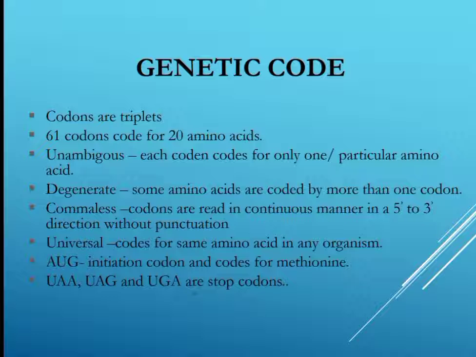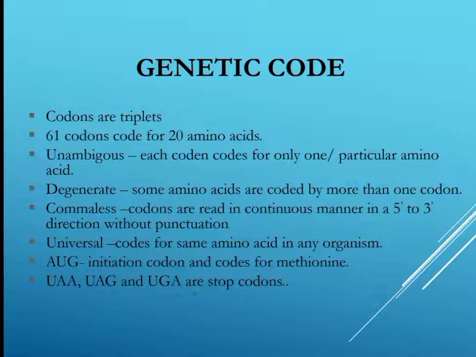The various features of genetic code which can be explained by using the given checkerboard are: number 1, codon is a triplet. Out of 64 codons, 61 code for 20 amino acids and 3 codons, that is UAA, UGA and UAG, do not code for any amino acids.